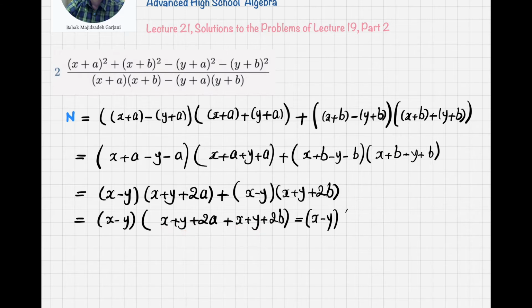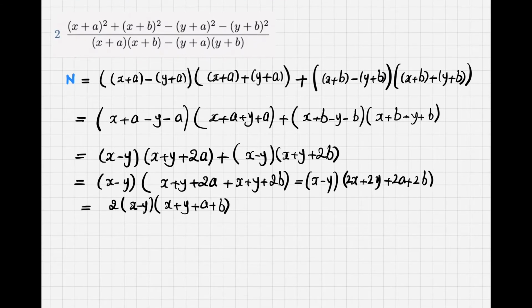So it becomes 2x plus 2y, and I have 2a plus 2b. And of course I can also factor 2 out if necessary. So x minus y times x plus y plus a plus b. So that is the factorization of my numerator. For the denominator, let me call it d.